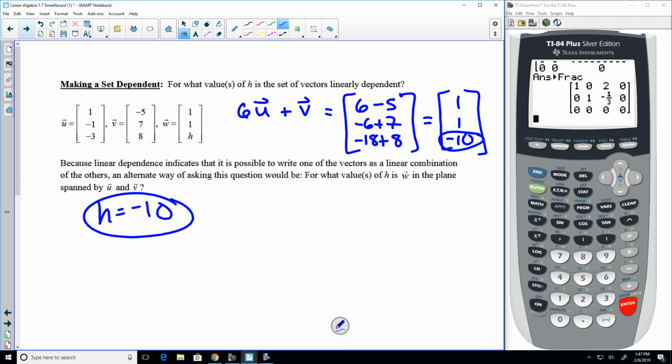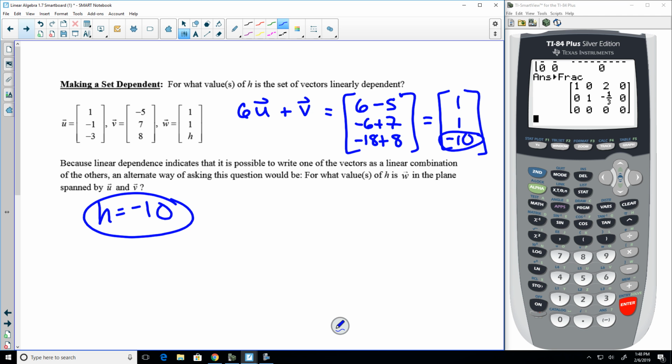Would there be another possible solution? Probably not. Are u and v multiples of each other? So they're independent from each other. That means this is the only solution.